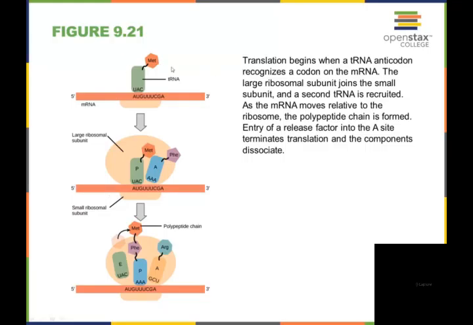Here it's showing it in action. Translation is going to begin at this first AUG. Here is your tRNA. The tRNA has a region that is complementary, called the anticodon. On the end, you've got this amino acid methionine attached. As this comes down, the large ribosomal subunit will come down around it, and it will slide down to the next space.